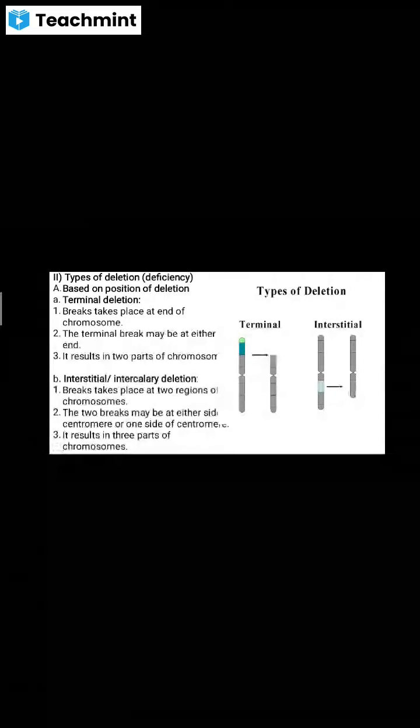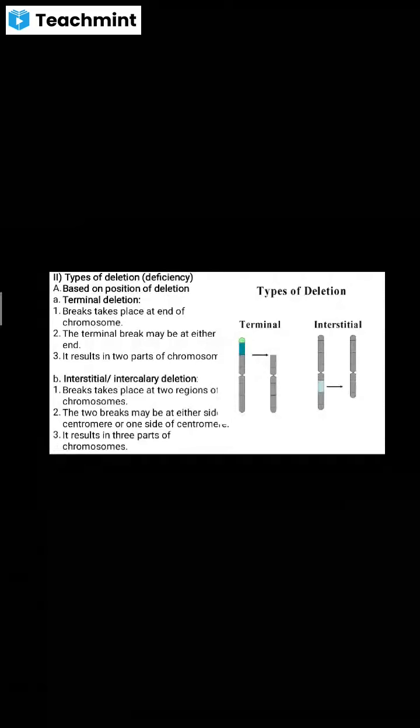In the figure you can see that at the end position of the chromosome there is breaking of a segment, and then the break on either side results in two parts of the chromosome. The second one is interstitial or intercalary deletion.